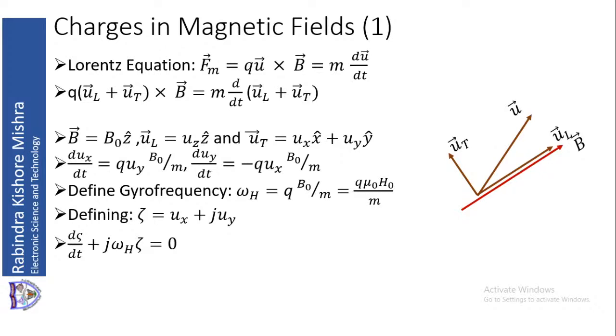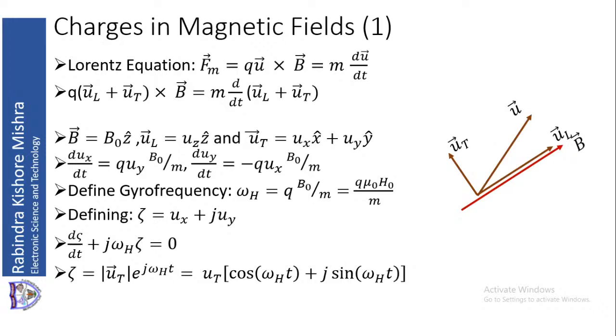So that gives me d zeta by dt, that first term comes. Then the second term comes from this form: omega h uy remains as it is, then minus omega h ux into j.